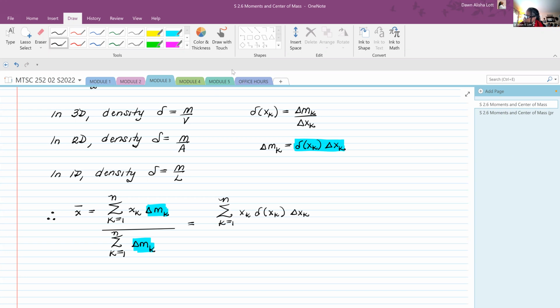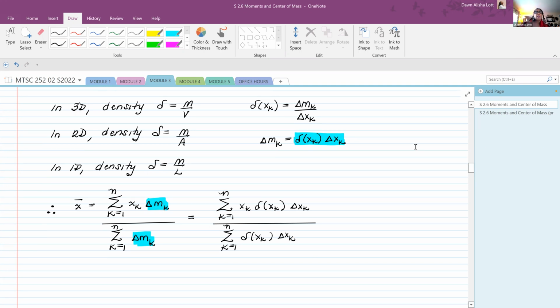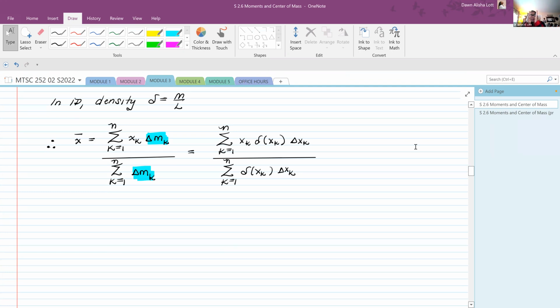And that is divided by the sum k equals 1 to n of delta of xk times delta xk. That's for one little region.